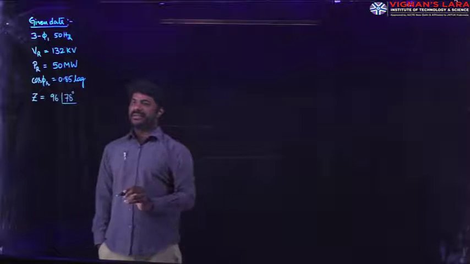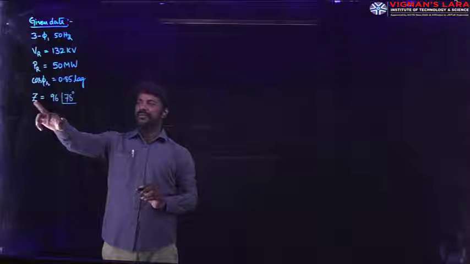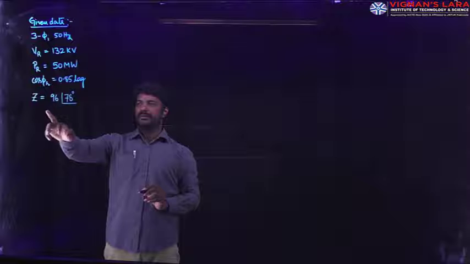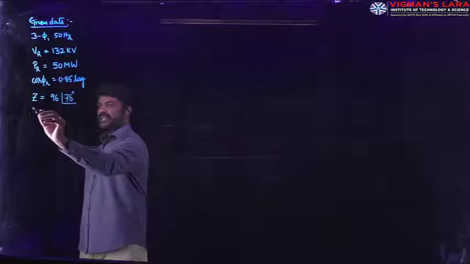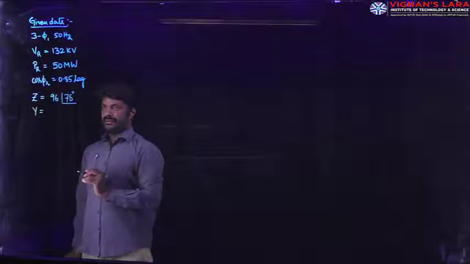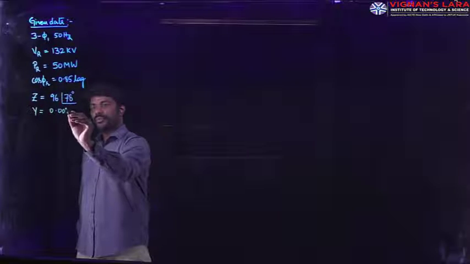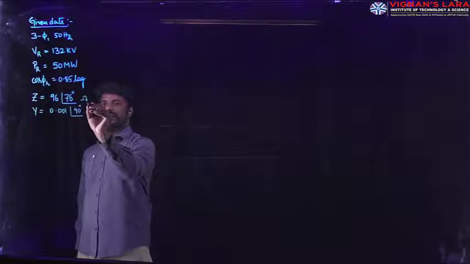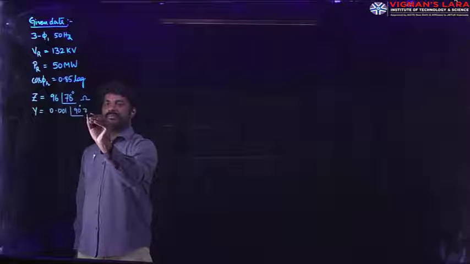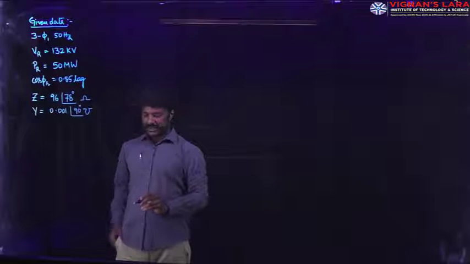It is plus 78 because we know the complex impedance Z is equal to R plus jXL, that is why here it is plus. In the same lines, you can estimate the Y value for the entire line as 0.001 at an angle plus 90 degrees, whose units are impedance in ohms, admittance in mho. So these are Z and Y.